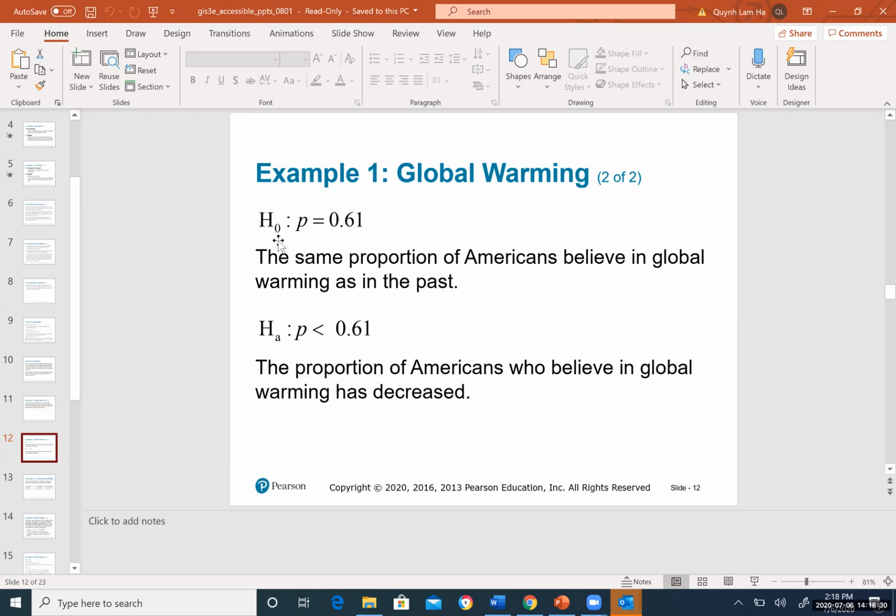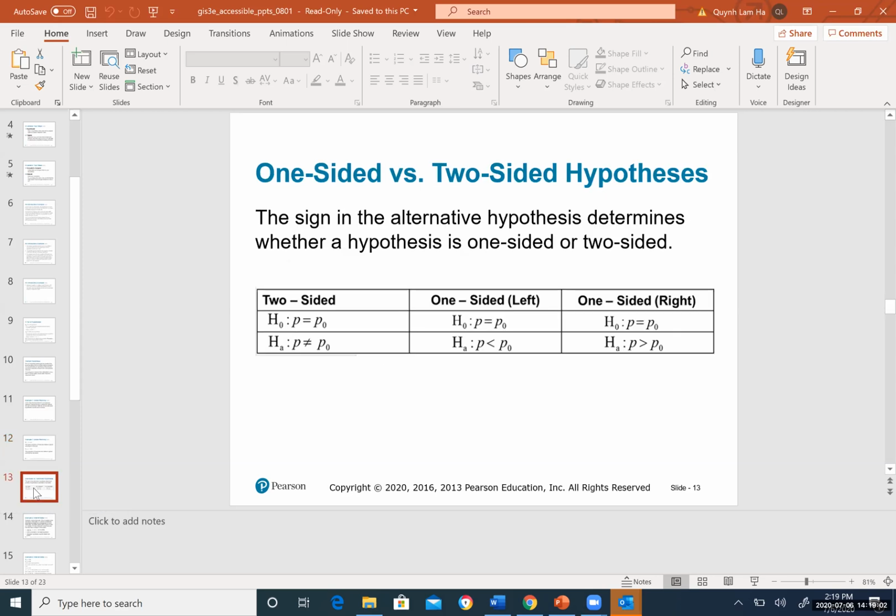So H naught colon p equal to 0.61, and HA colon p less than 0.61. On your test, you don't have to write in words, that's just for you to know by yourself. On your test, you only need to write H naught and then HA and write the whole data out, okay? So for this case, that example is done.